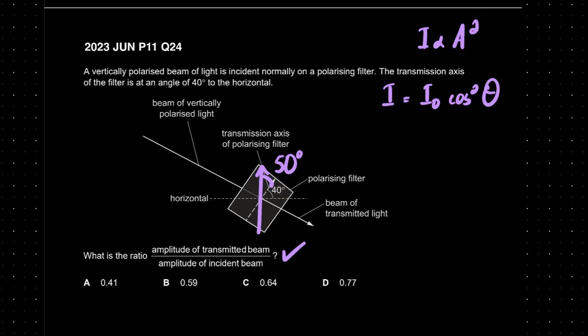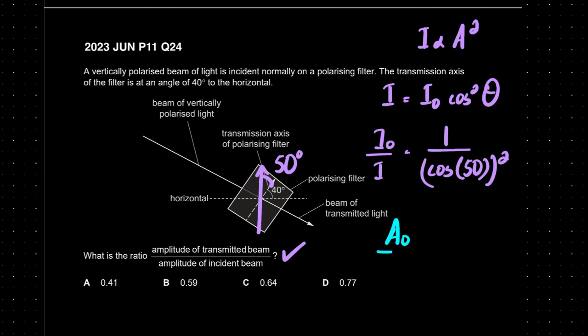Right? So transmitted to incident. What's incident is I naught. What's transmitted is I. So I naught over I, this is really 1 over cos squared theta. So in this case, 1 over cos 50 squared. This is what the ratio of the intensity would be.